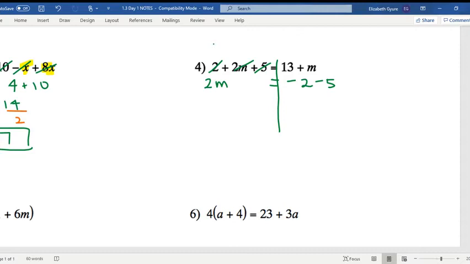Annalise, what should we do? Yep. Move the m to the left, make it negative, and just drop down that 13, right? Combine your like terms. 2m minus m is just m. And if you put the 1m, that's okay. And then negative 2 minus 5 plus 13 should give us 6. Good. Questions on that?